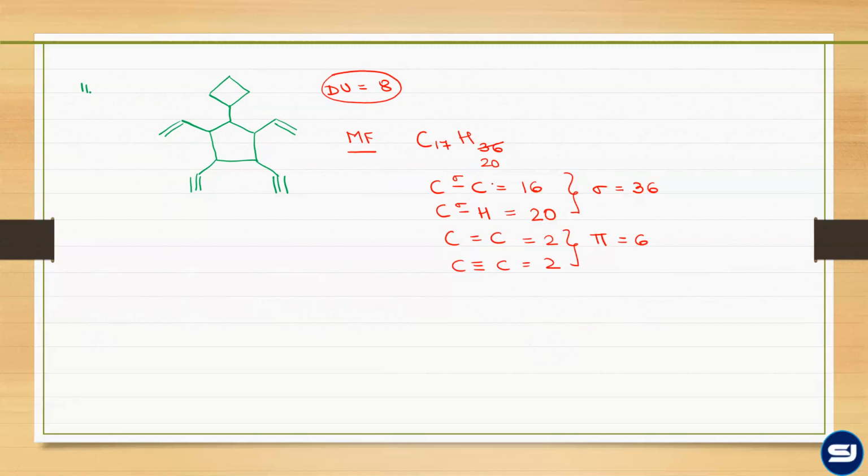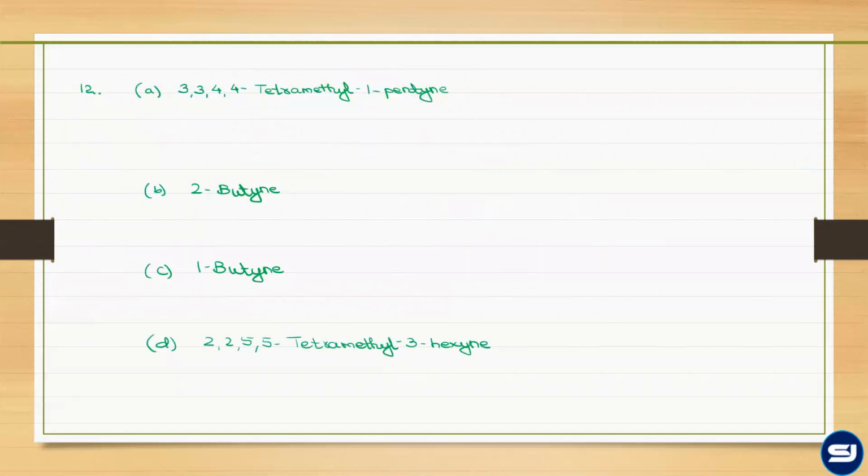Here, so just with the DU and the number of carbon, you get the molecular formula, you get the individual sigma and the pi bonds, and total number of sigma and pi bonds could be easily identified. That's the power of DU. The concept is very important.